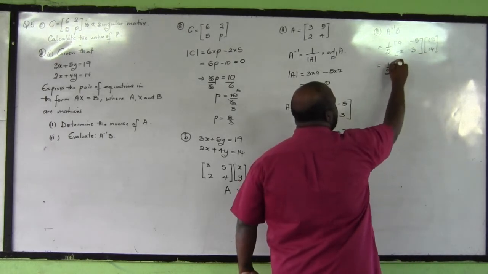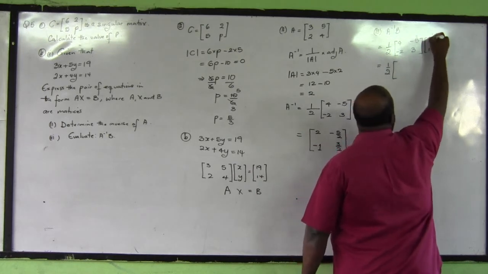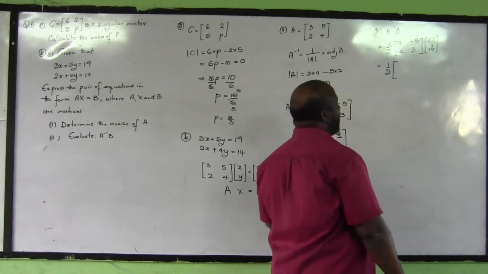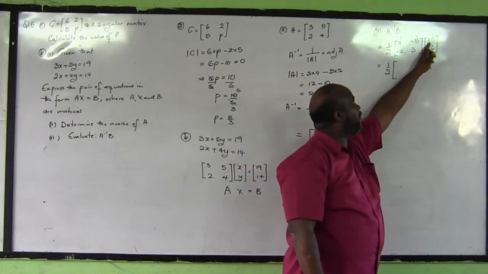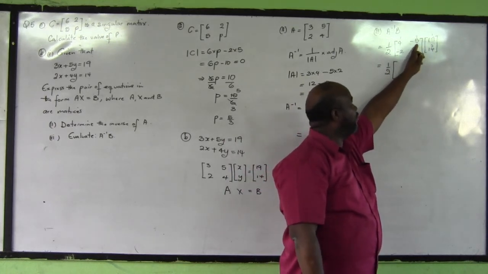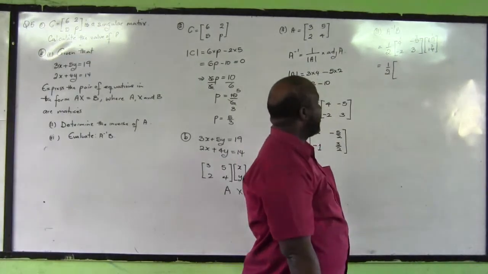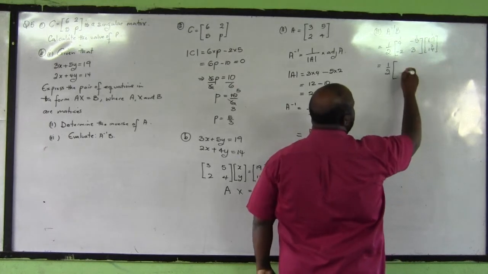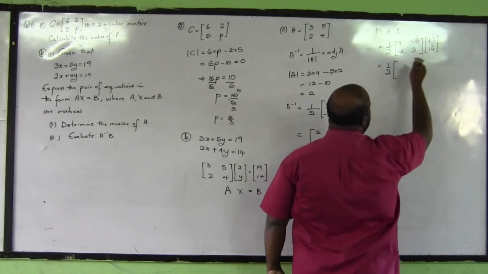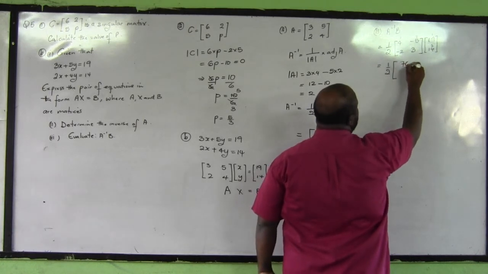So it's a half. Now let's multiply the two matrices, a row by a column. First element in the row times the first element in the column, second element in the row times the second element in the column. Alright, what is 4 times 19? 76.